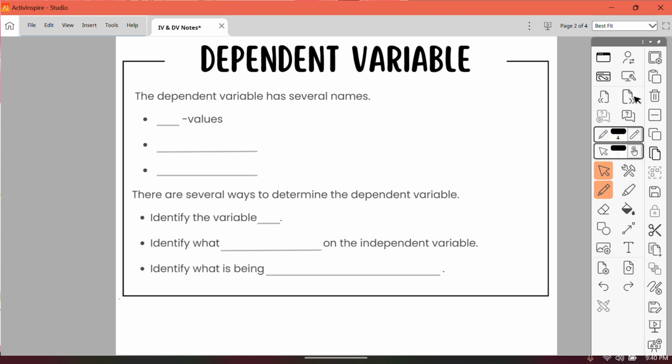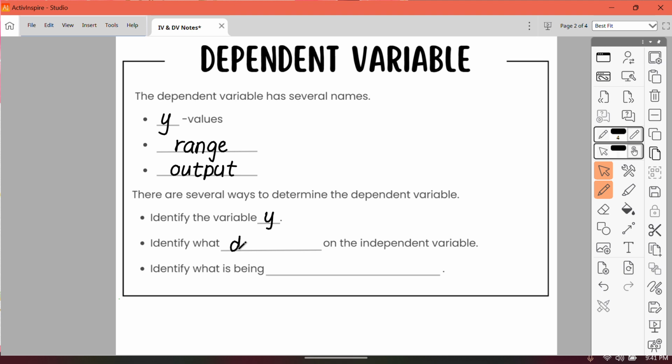Now, the opposite of that, of course, is the dependent variable. And it has lots of names as well that match up really well with independent. It's our y values, it's our range, and it's our output. And the ways to identify it are sort of just the opposite. So if you see traditional x and y in an equation, the y is going to be your dependent variable.